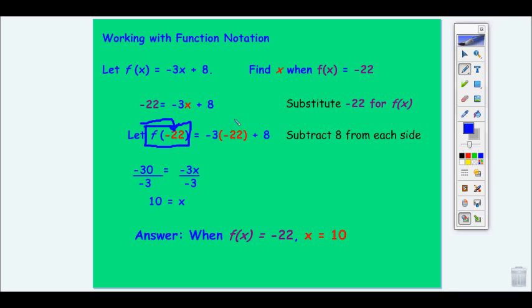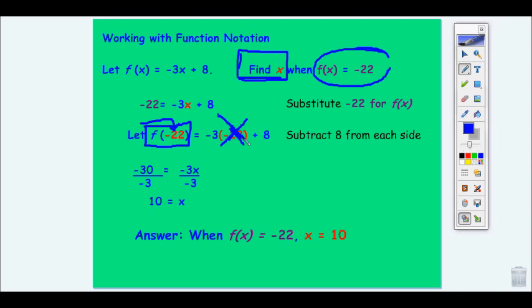Okay, so this time we're going to try to find x. It's telling me the function or the work of x resulted in negative 22. This should not be here. It should still be x. Sorry, that was a misprint. So what we know is that the function is negative 22.